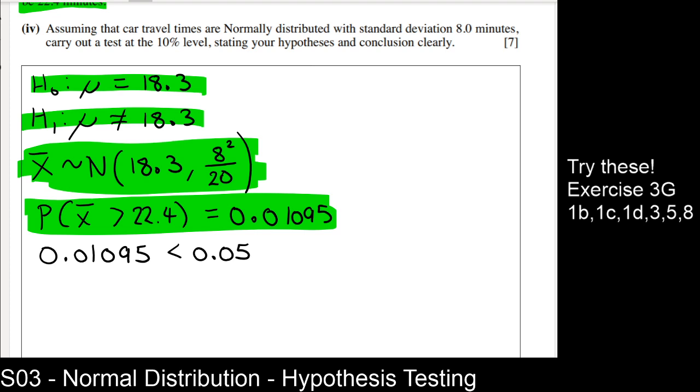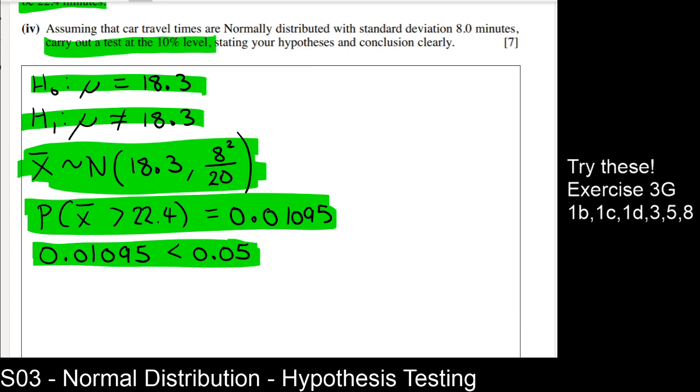I then need to compare it with my significance level. What I'm saying is the probability of getting 22.4 or more is 0.01095, and that's what I get when I put that in on my calculator. You might be wondering, why am I putting 5% there and not 10%? Because I'm told to carry this out at the 10% level of significance.